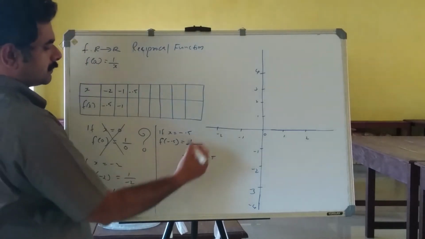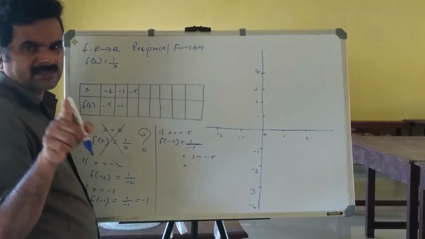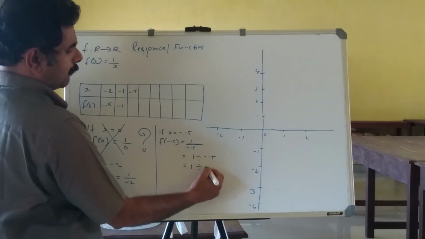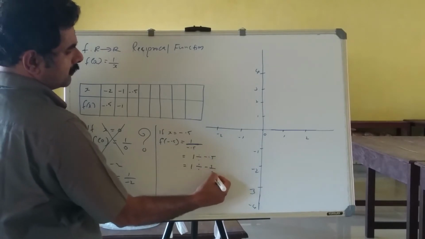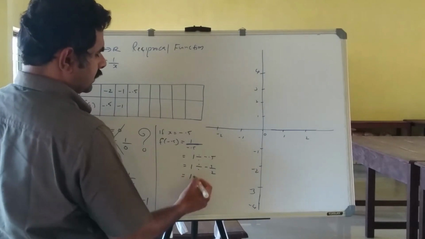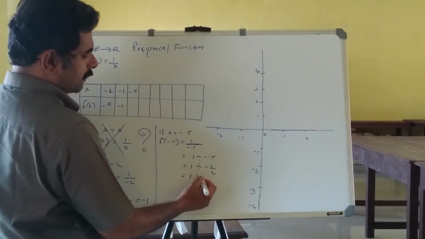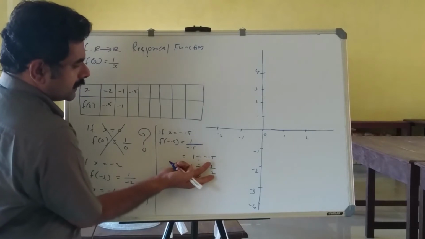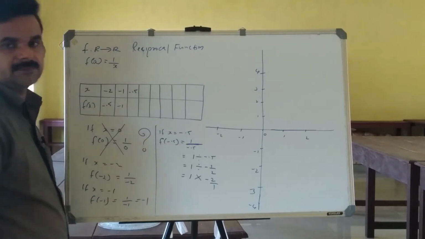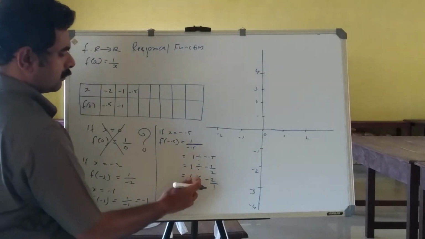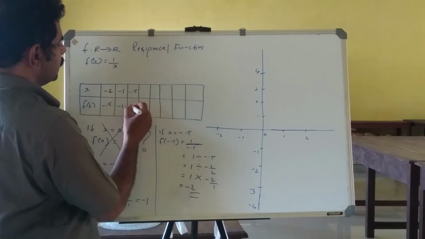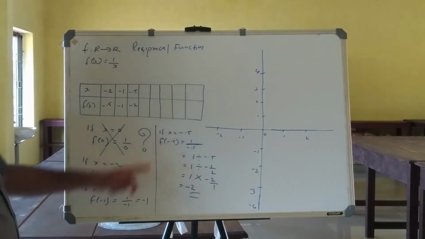So 1 by minus 0.5, or you take your calculator and find its value. 1 by minus 0.5 means 1 by minus half. This division symbol can be replaced by a multiplication symbol, then you have to take its reciprocal, minus 2 by 1. Then both 1 and 1 are cancelled, then negative 2. So its answer is what? Minus 2. It is very simple to calculate.